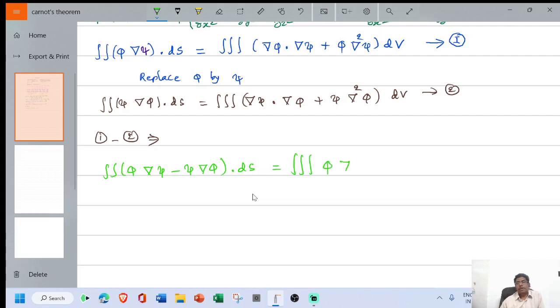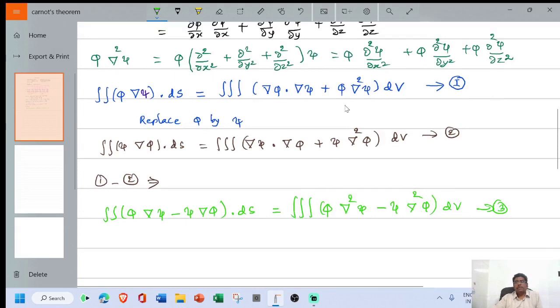Therefore, phi del square psi minus psi del square phi dV. This is our Green's theorem in the second form. With the help of Green's theorem, we can study the boundary value problems in electrodynamics. This is the first equation. This is the second Green's equation.